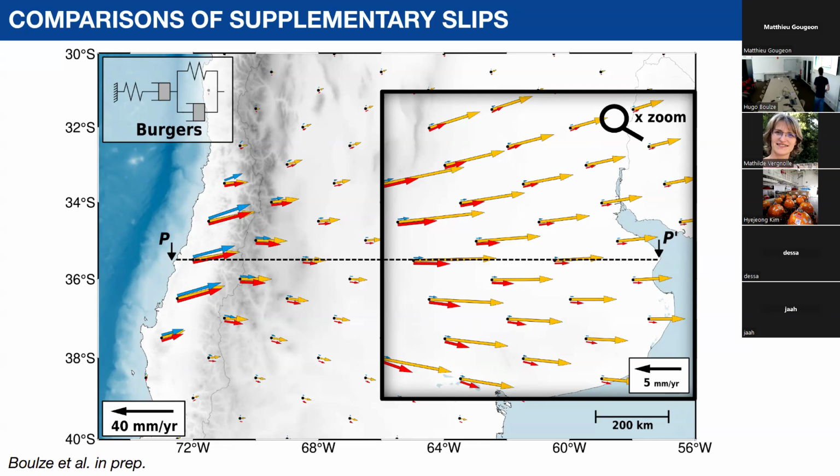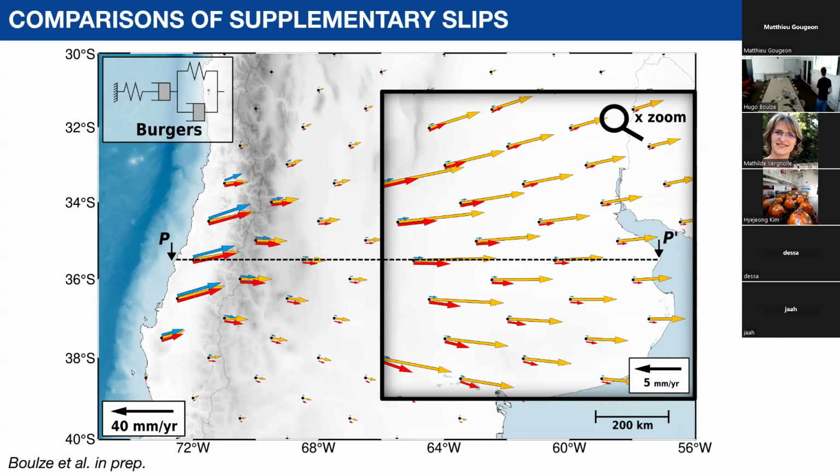So when we are looking at near field deformation, we see that there is a good agreement between all these models. It means that when we are using our coupling models, we are not making a strong mistake in near field. So, okay, coupling models work.